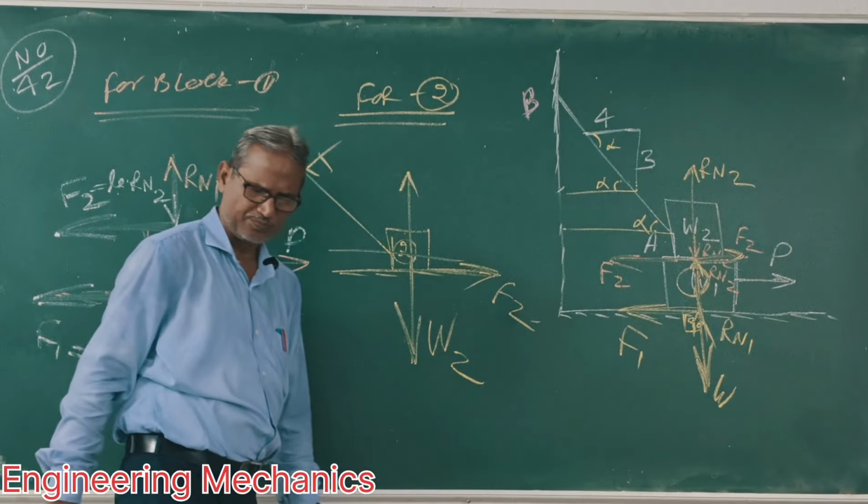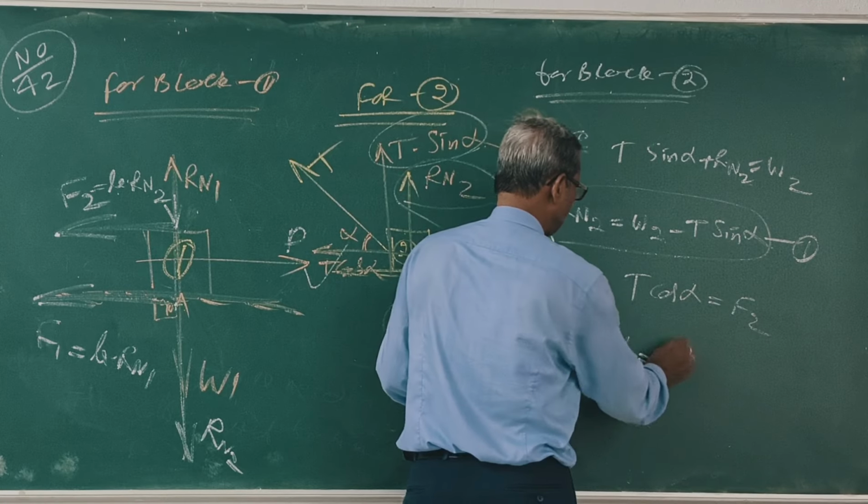Now sigma X equals 0. T cos alpha is equal to F2. Clear? So T cos alpha is equal to F2, which is mu Rn2.